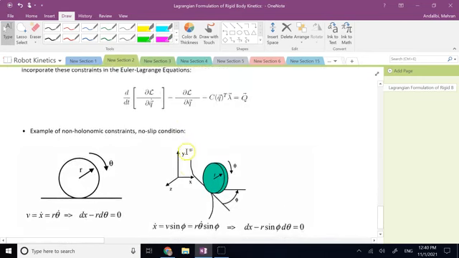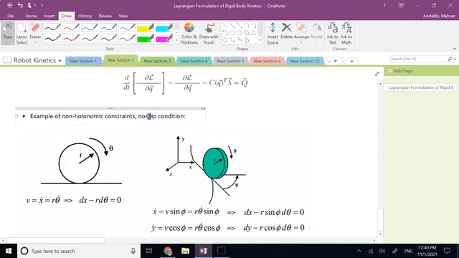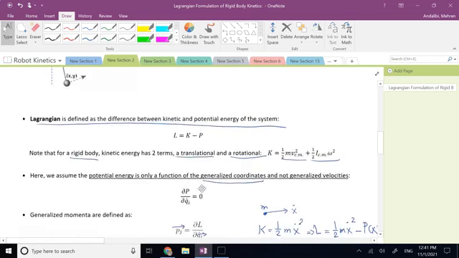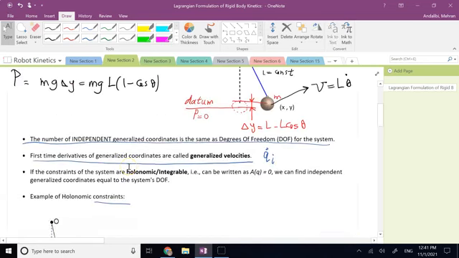Some constraints, like what we'll see later, like no slip conditions for a rolling disk, whether it's in 1D or 2D or whatever, are not always integrable. You cannot always convert a constraint that is between the velocities into a constraint that is between the positions. And dealing with non-holonomic is a little bit different than dealing with holonomic constraints.